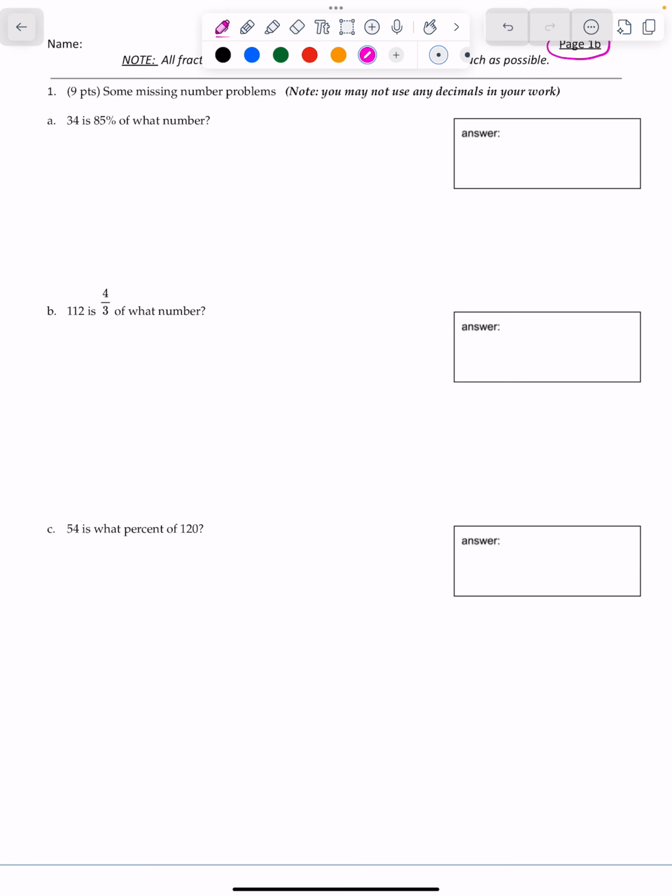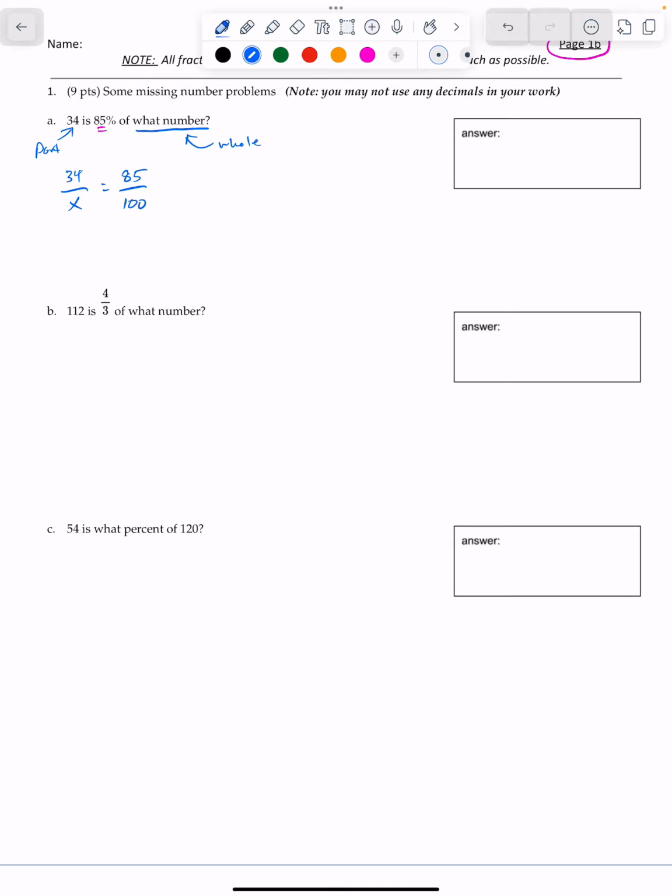Okay, 34. 34 is my part of some whole. I don't know what that is. And these guys are clearly percents. So I'm going to say 34 is my part to some number is my whole equals 85 out of 100 because it's percent.